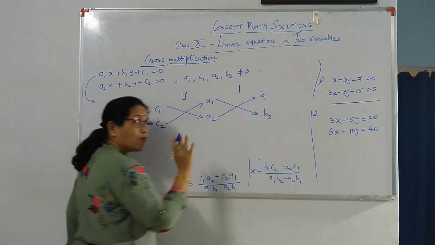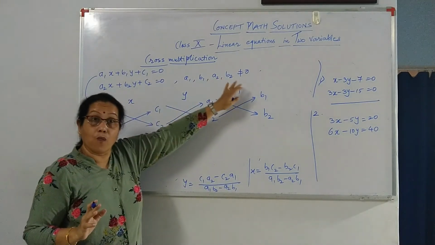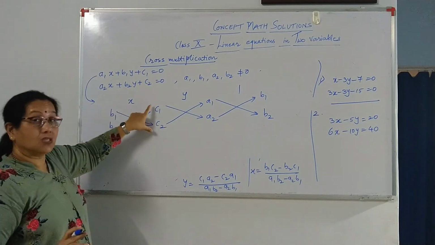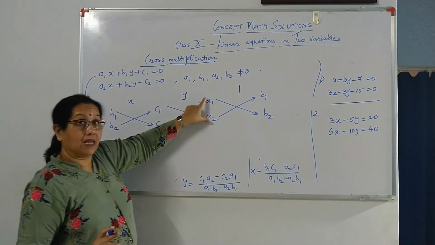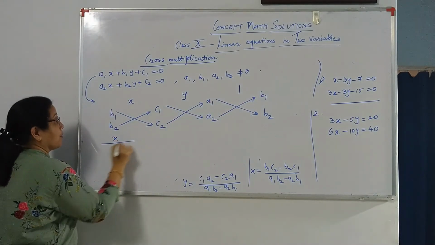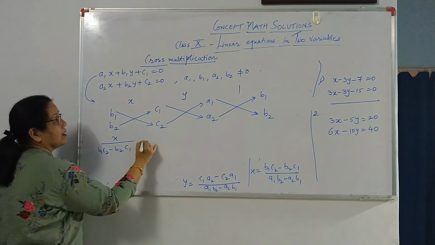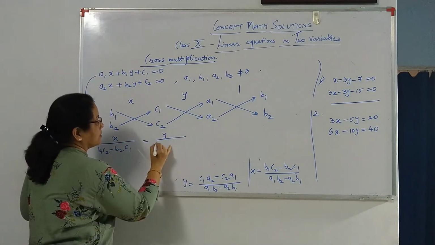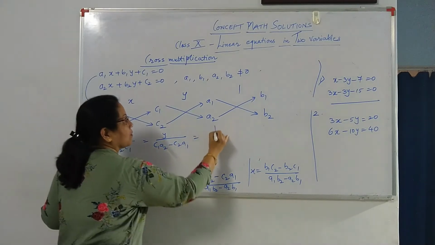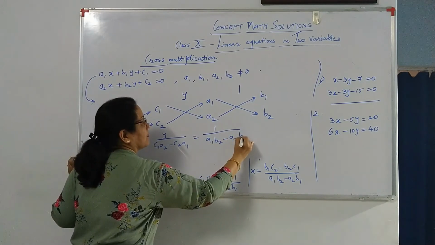Yes, you just have to remember this web. How is this web? x, y, 1. We begin with b1, b2. After b comes c, then a and then b. Now, x upon b1 c2 minus b2 c1 equal to y upon c1 a2 minus c2 a1 equal to 1 upon a1 b2 minus a2 b1.